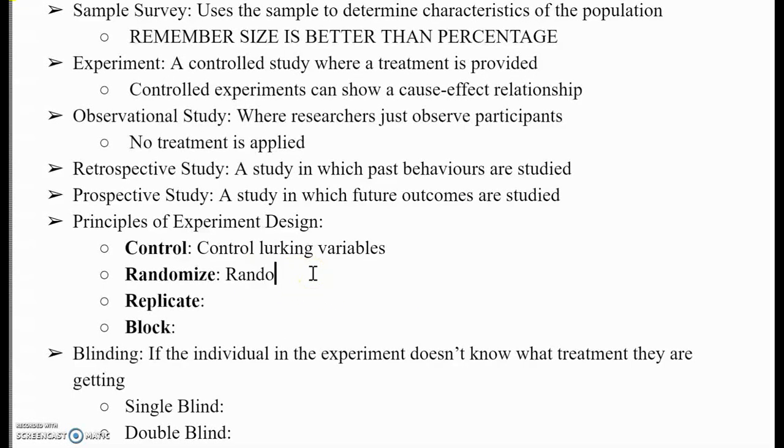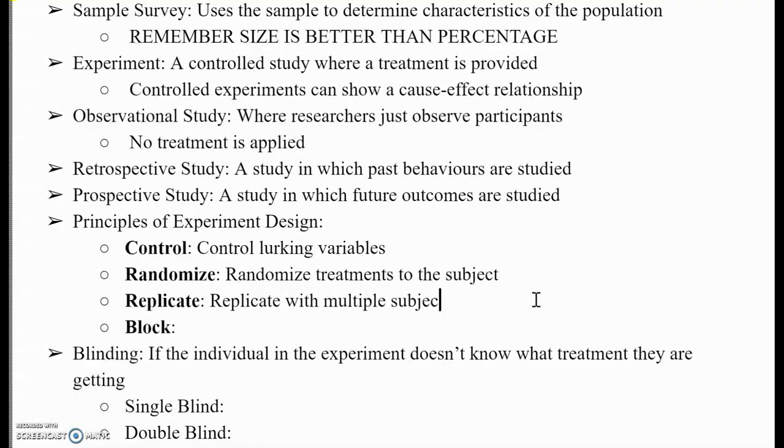Randomize just means to randomize treatments to the subjects. So I can't forcibly say that person A will get treatment A. I have to randomly assign it. If it comes out that way, it comes out that way, but it has to be randomly assigned. Replicate doesn't mean do the study multiple times, but rather means do it with multiple subjects or participants.